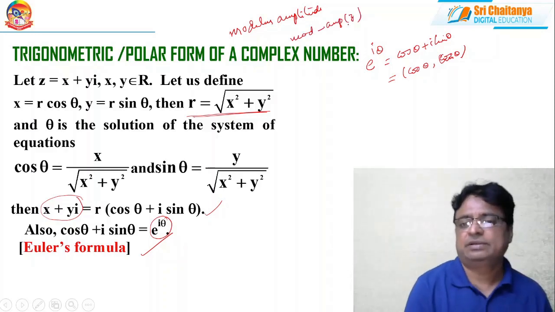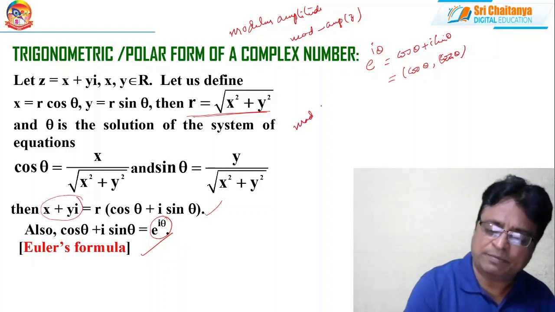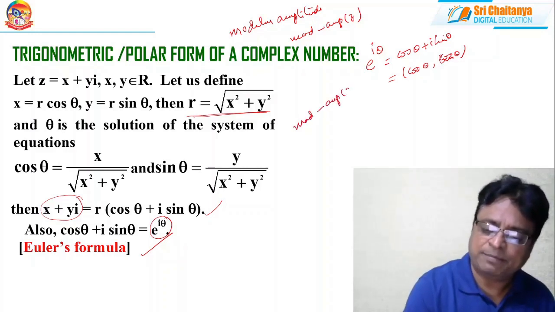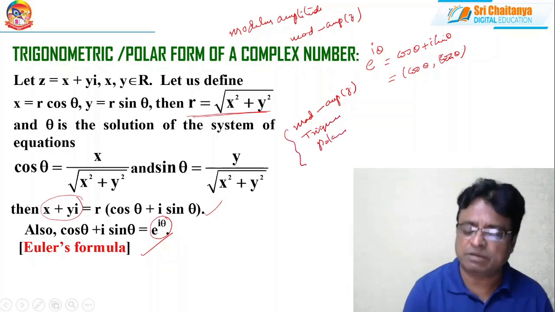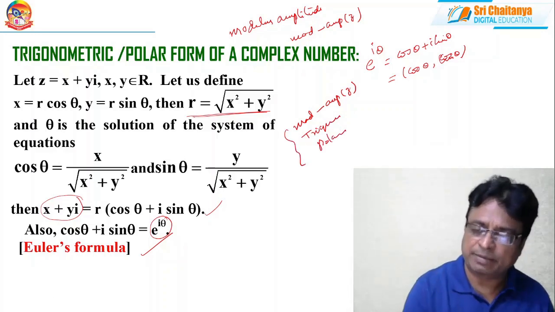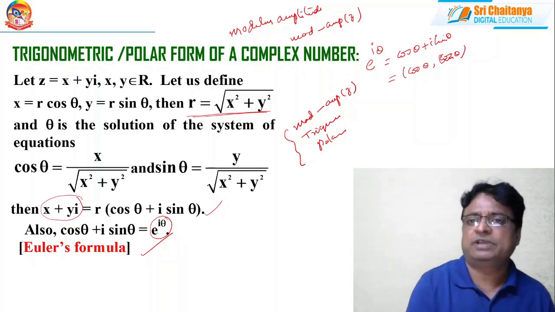This is another way. So here I am using 3 terms. One is mod amp form of z. Next one is trigonometric form. Next one is polar form. All are the same. Mod amp form of the complex number is the same as trigonometric form, which is the same as polar form of the complex number.